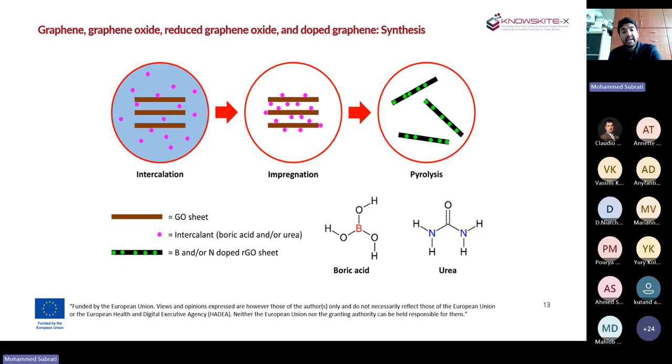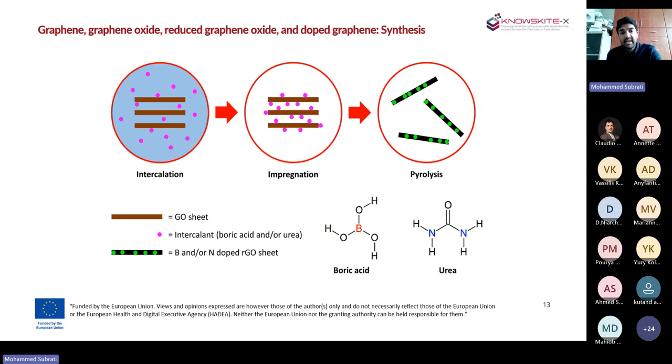For the intercalant, if you want, let's say, boron or P-type, you can typically use any boron precursor, in this case boric acid. And in the case of nitrogen, you can use, of course, urea, because it's very cheap and industrial.